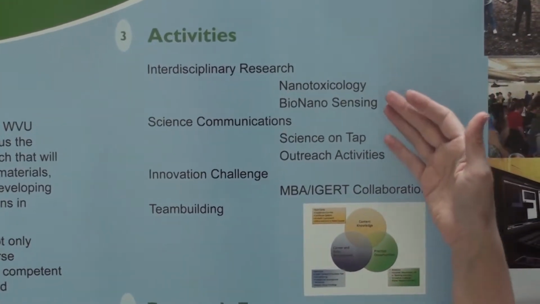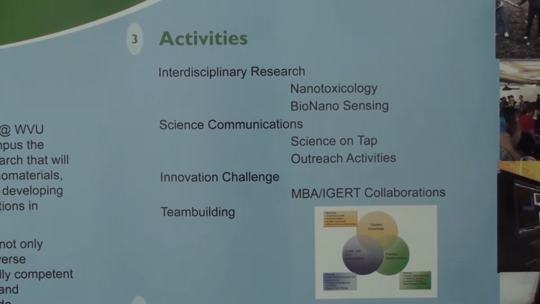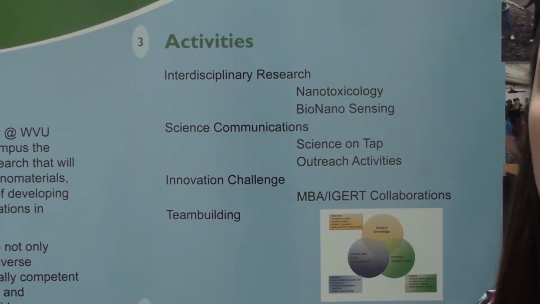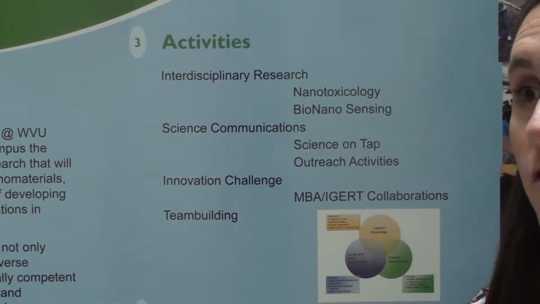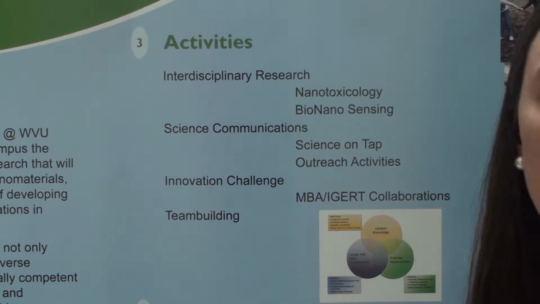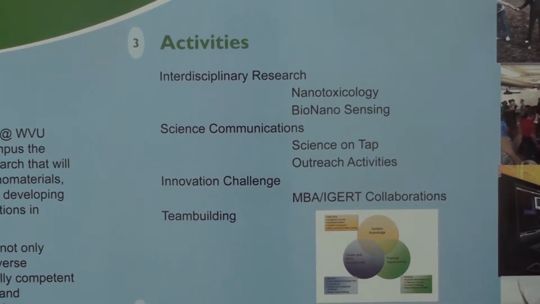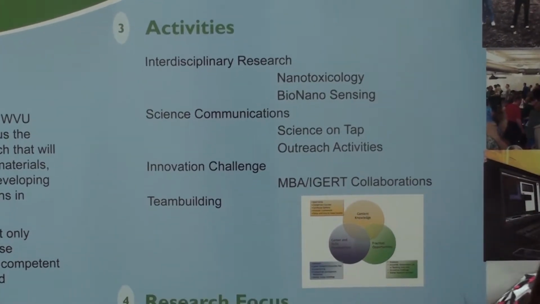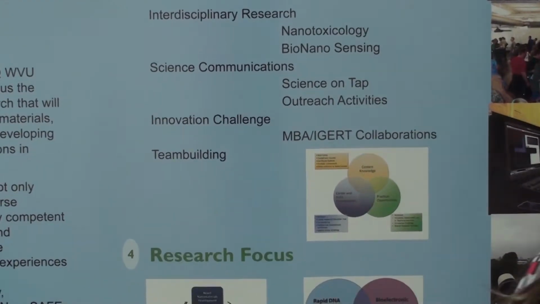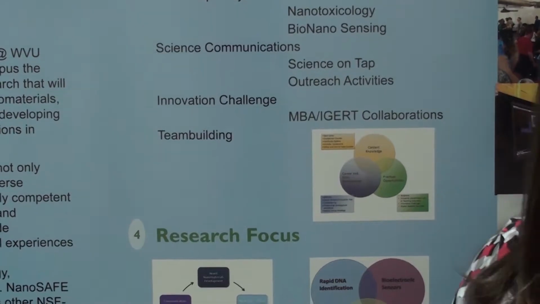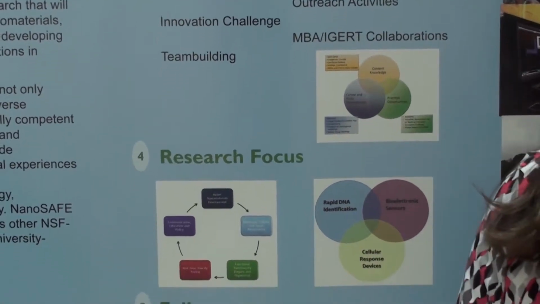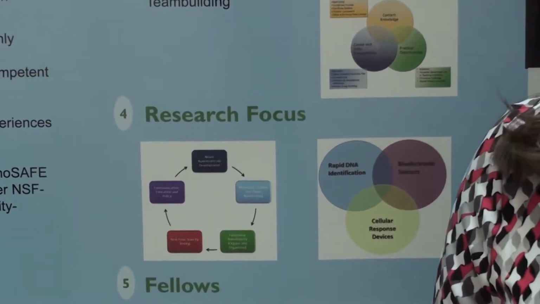In terms of our interdisciplinary research, each student has 2 advisors. In many cases, those advisors are from vastly different programs, for instance, physics and pharmacy, or chemistry and engineering, chemical engineering and pharmacy. So we have a variety of researchers working together throughout West Virginia University on these projects and helping these students.